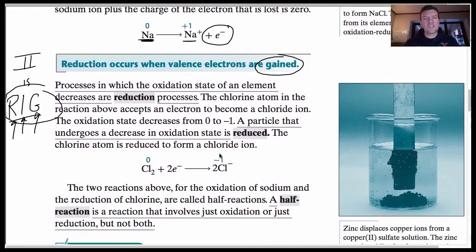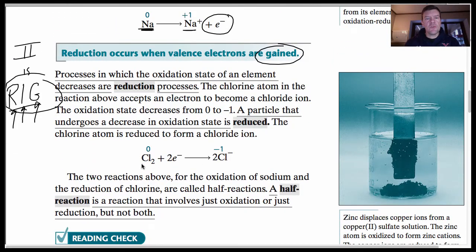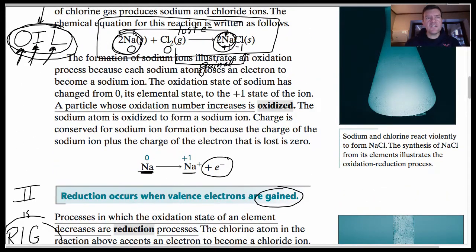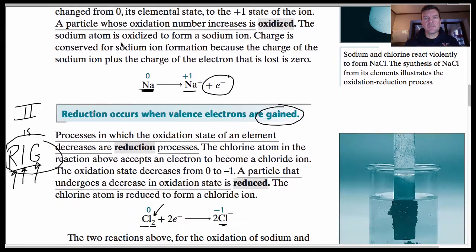Whereas the chlorine went from 0 to -1. There are two chlorines here. It's Cl2, so each of them is gaining one electron. That's why you need two sodiums up here to provide those two electrons to balance it.